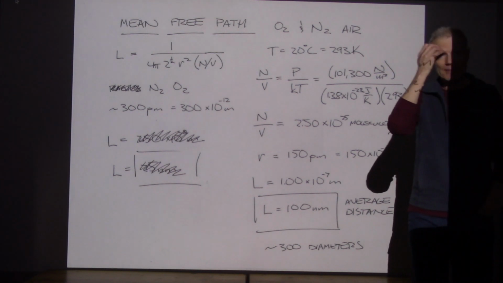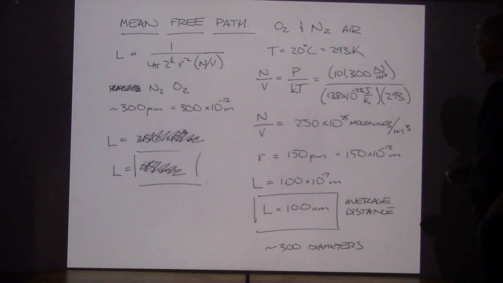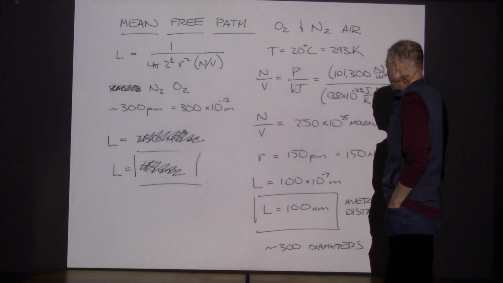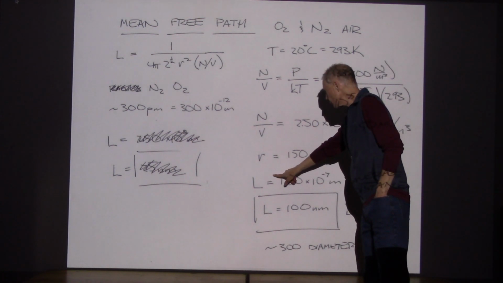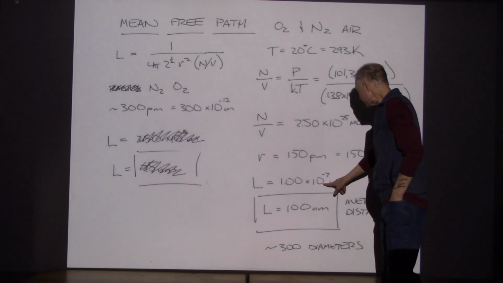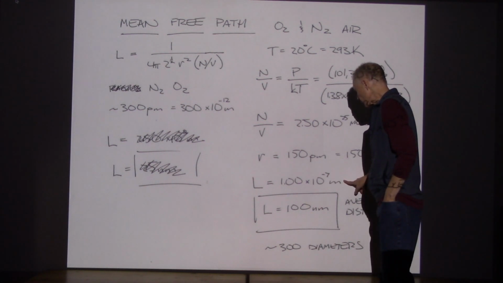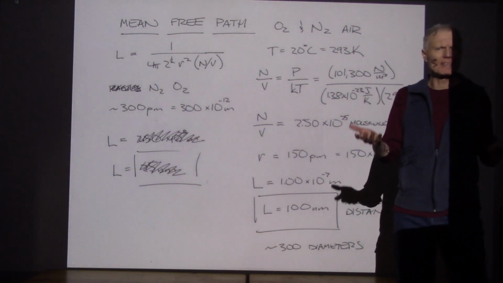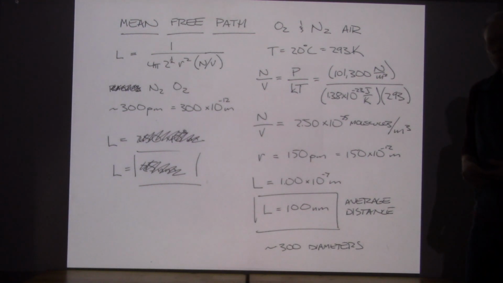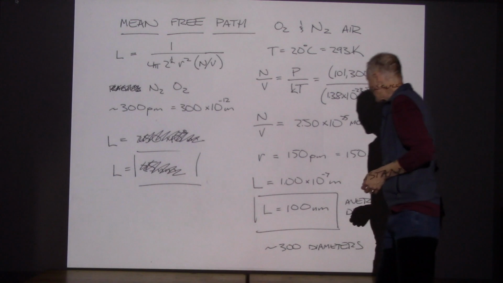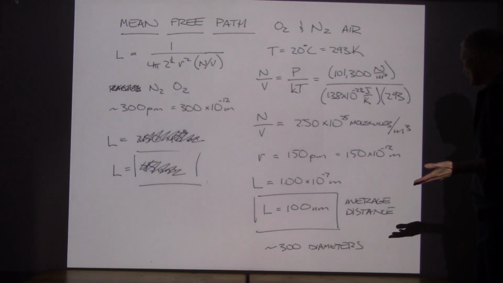And pico is 10 to the minus 12. So that's what we're looking at. Plugging all those numbers in ended up giving me a mean free path that actually came out 1.00 times 10 to the minus 7 meters. Now that's putting me in the range of nanometers, and so that's what I adjusted into. So the mean free path is about 100 nanometers.